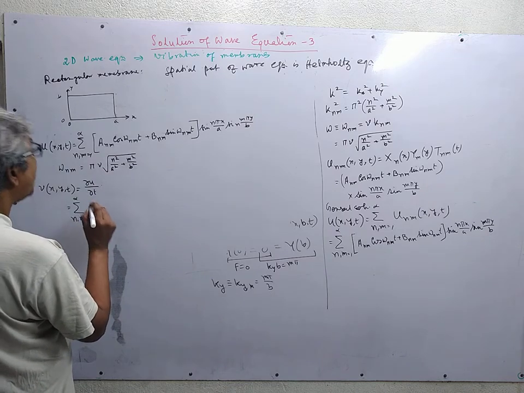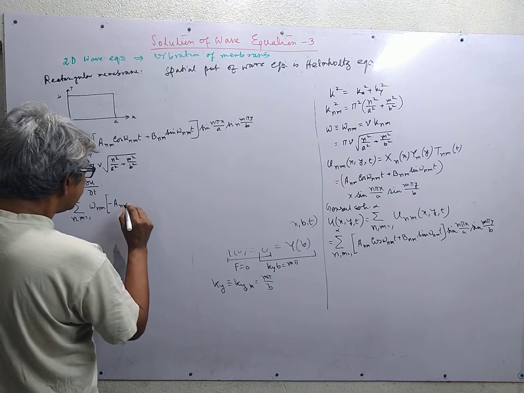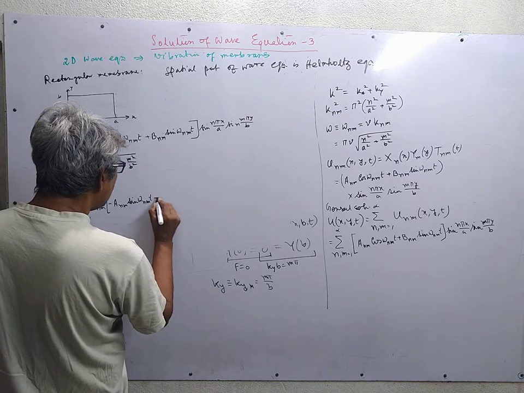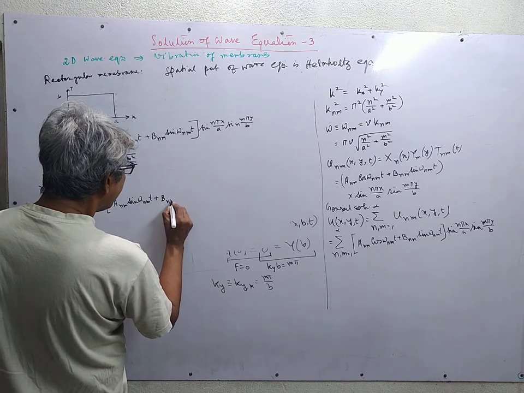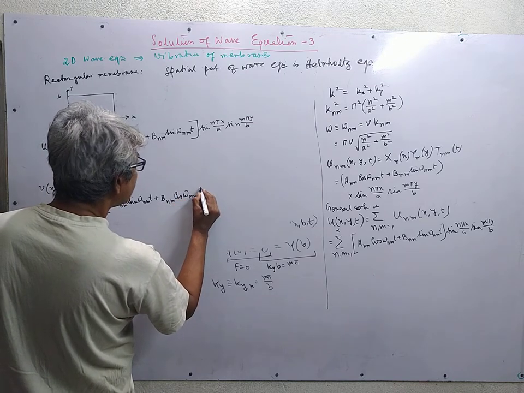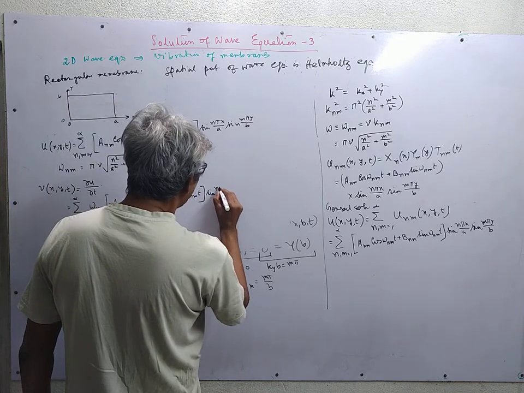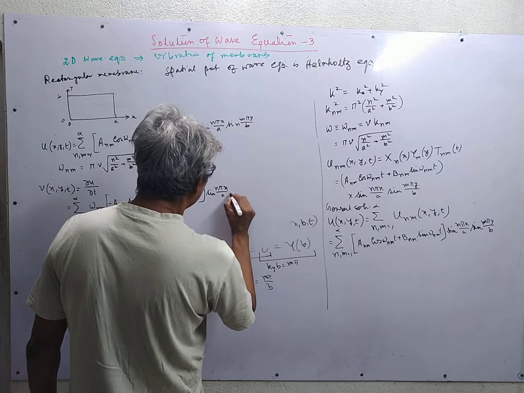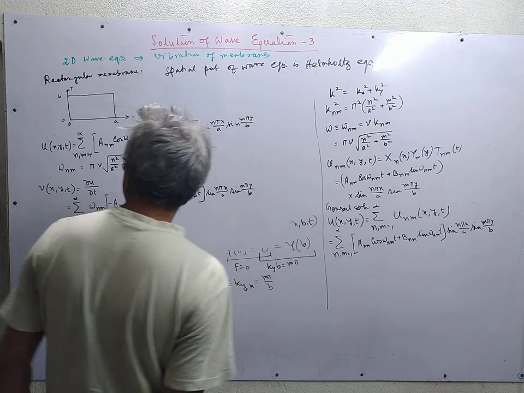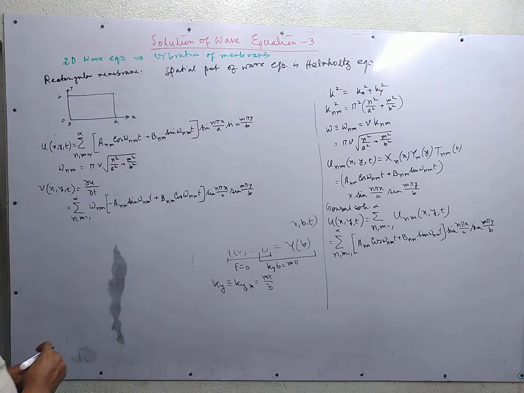Omega n m comes out, and this is minus a n m sine of omega n m t plus b n m cos of omega n m t, multiplied by sine of n pi x by a sine of m pi y by b. This is the expression for velocity.